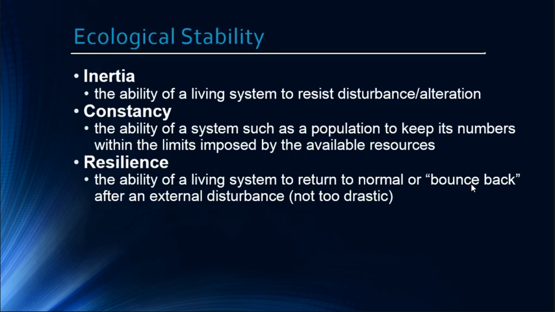And then there's resilience, and that's how well the ecosystem can bounce back. Resilience obviously increases with smaller disturbances. Deserts and rainforests have very low resilience. Grasslands have a pretty high resilience, just as an example.